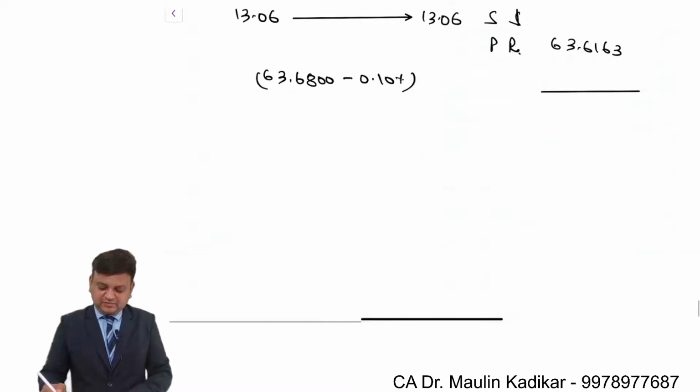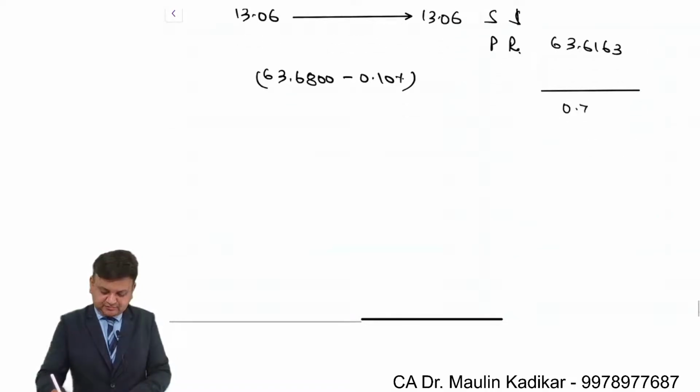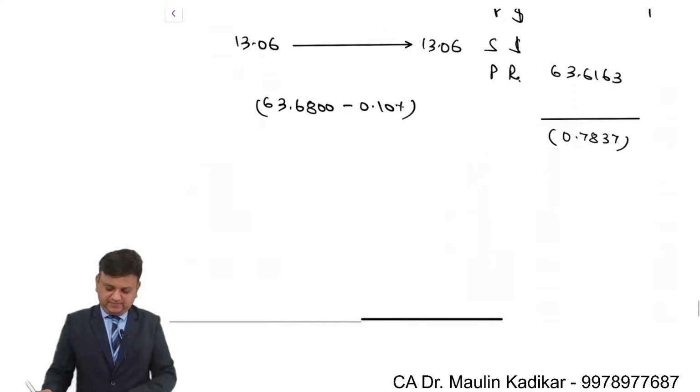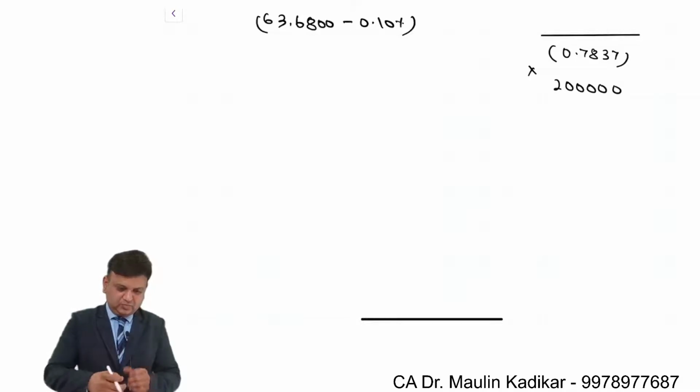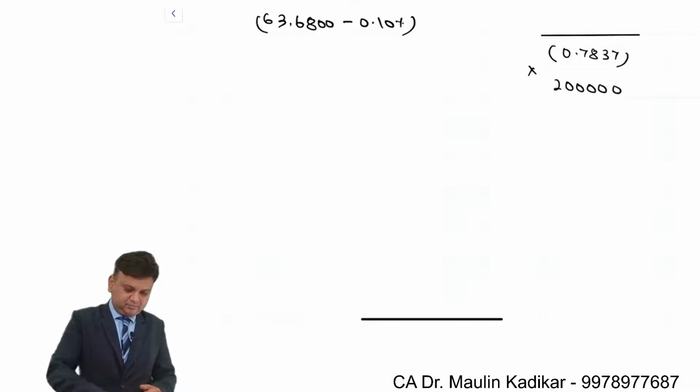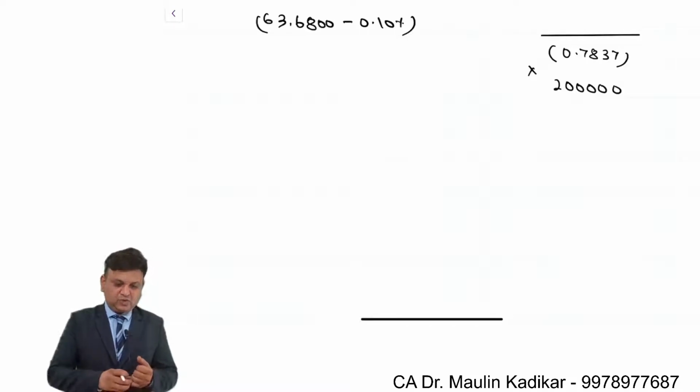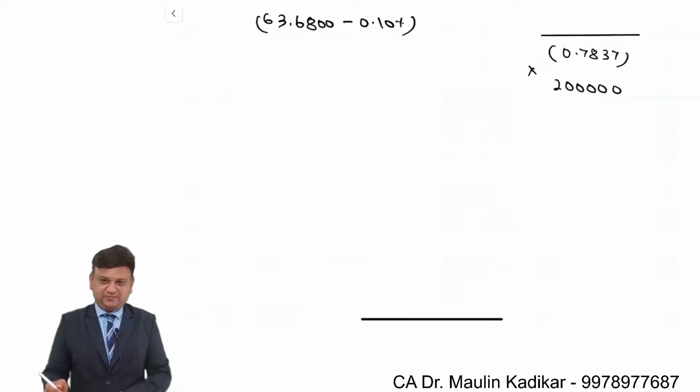So there is a loss of 78.37 paise into 2 lakhs. So 156740.